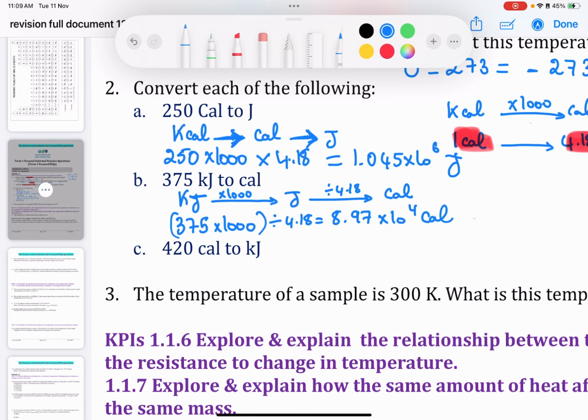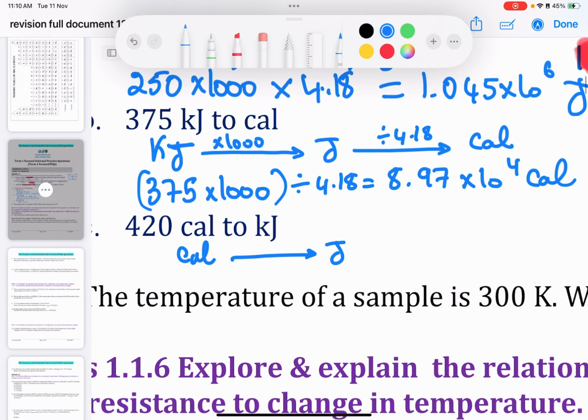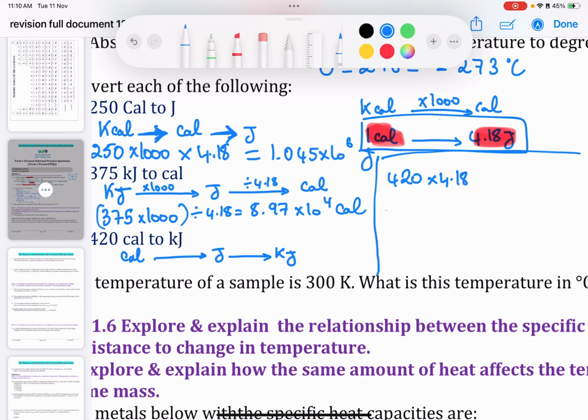Now, part C, convert from calories to kilojoules. Let me put a plan for this. First, I'll convert calories to joules, then from joules to kilojoules. So 420 calories, to take it to joules, I am going to multiply by 4.18. Now it became joules.